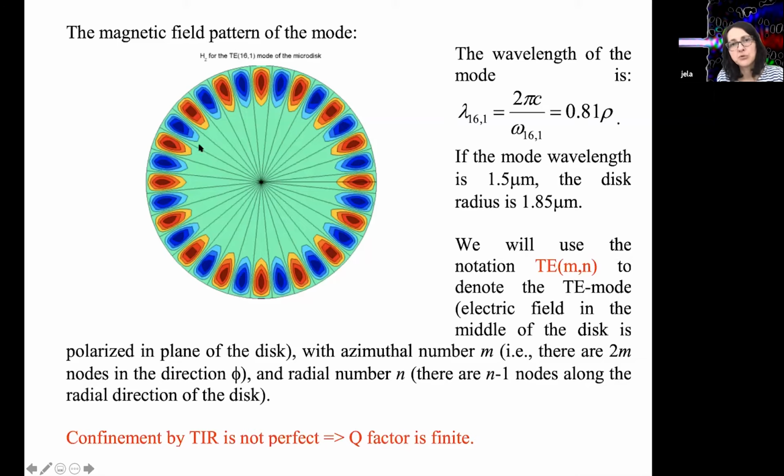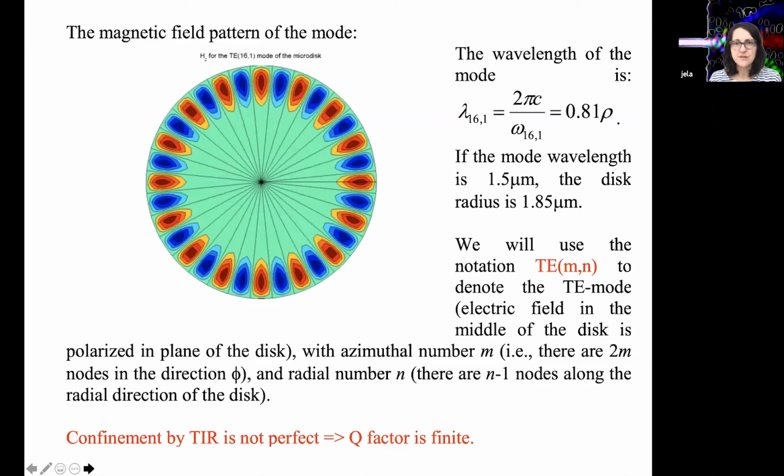So what we will do after the break is derive the upper limit on the quality factor, which comes from the imperfect confinement in the radial direction by total internal reflection. That's not the accurate value of the Q factor, it's just the upper limit, but it will give you an idea of, for example, the fact that you have to make larger disks and operate in larger m modes if you are interested in building a higher Q resonator.